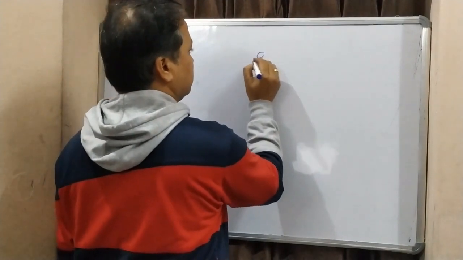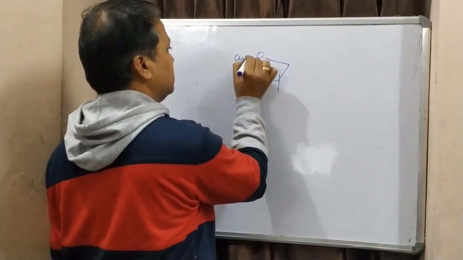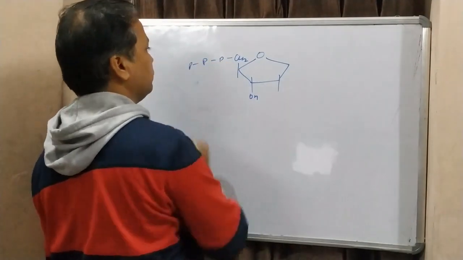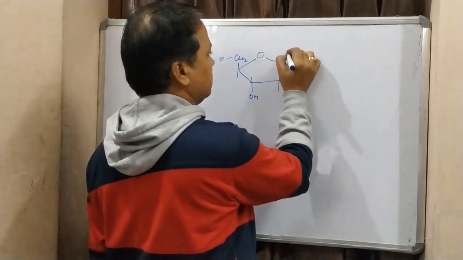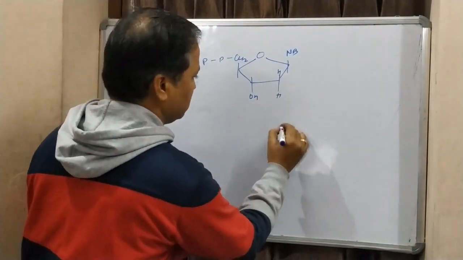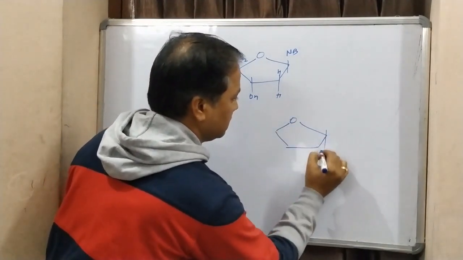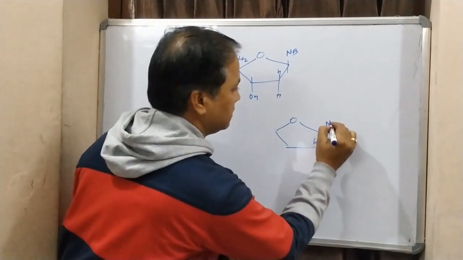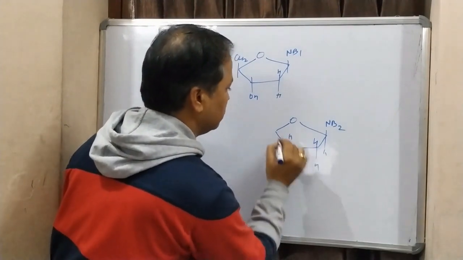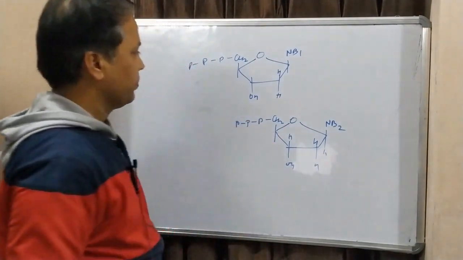So if this is OH, this is CH2 and phosphate, this is nitrogenous base 1, this is H. Similarly we have H, nitrogenous base 2, nitrogenous base 1, H, OH, CH2, phosphate.